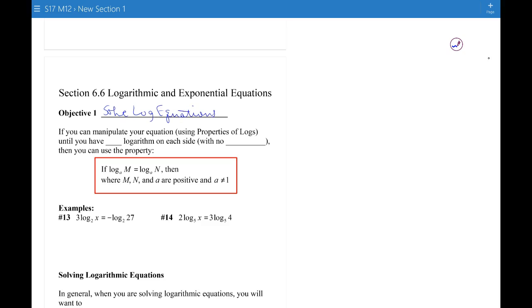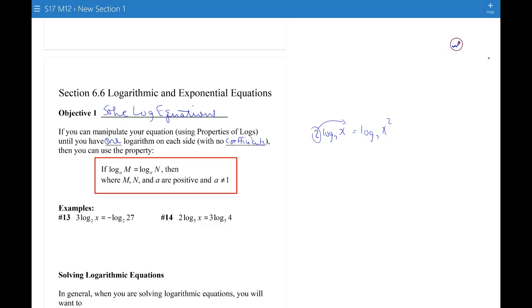If you can, you want to manipulate your equation using properties of logs until you have one logarithm on each side, with no coefficients. So you don't want 2 log base 7 of x; you want to put this 2 up as a power so that you have no coefficients on the logarithms.